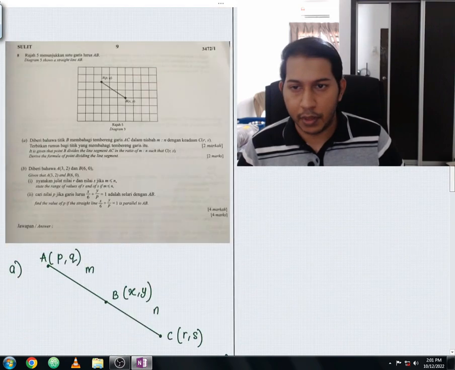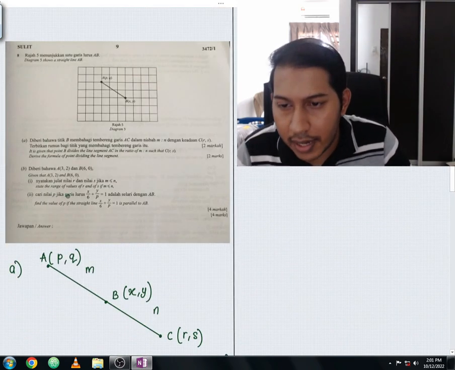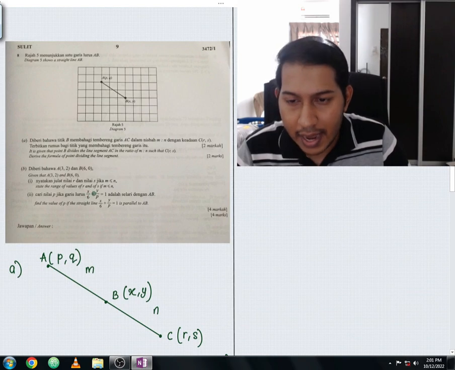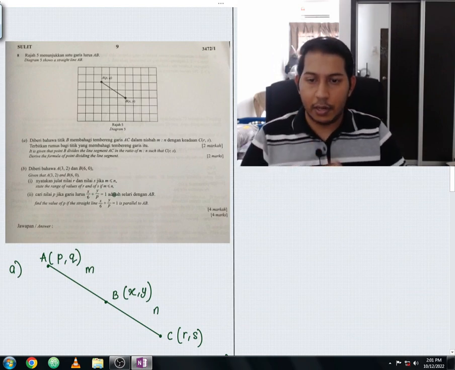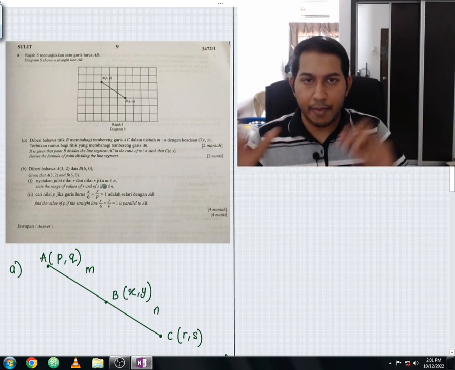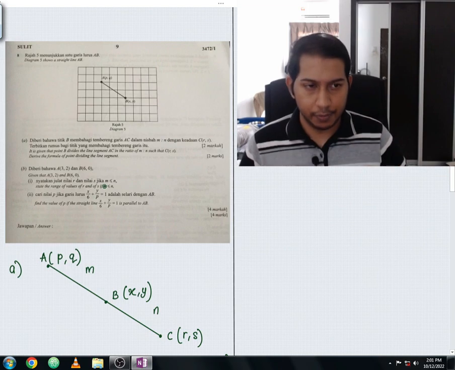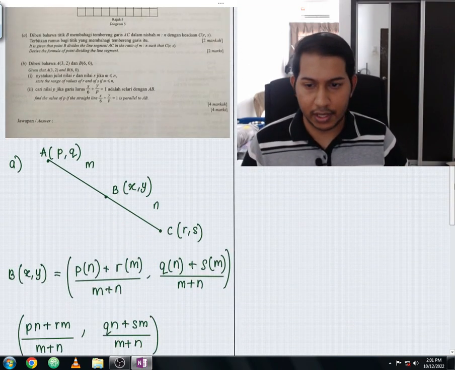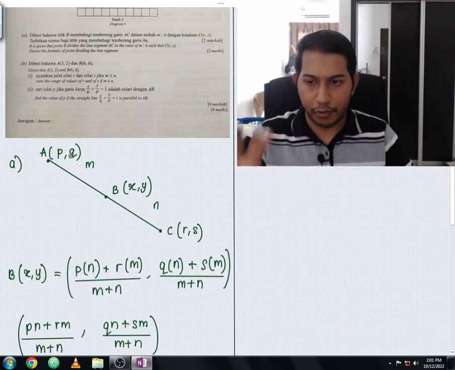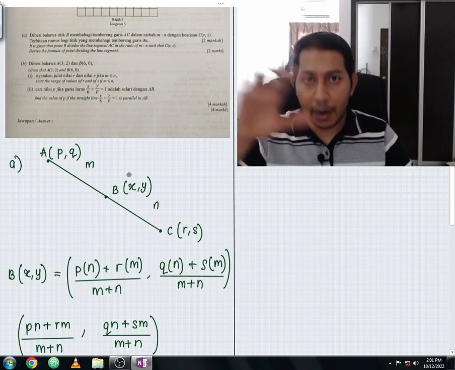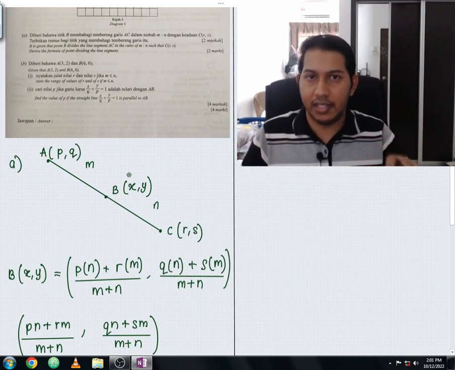From here they ask us to state the range of values of R and of S if M is less than or equal to N. In this case, M and N is the ratio. Okay guys, let me remind you again: the sketch which I made for question part A, and which I'm about to make for part B, is just a sketch.